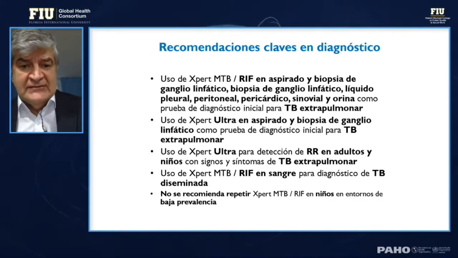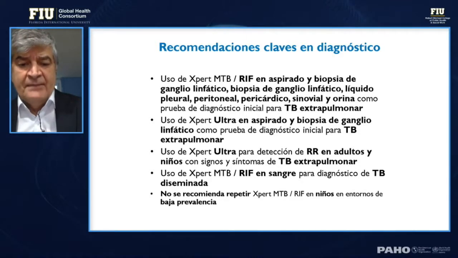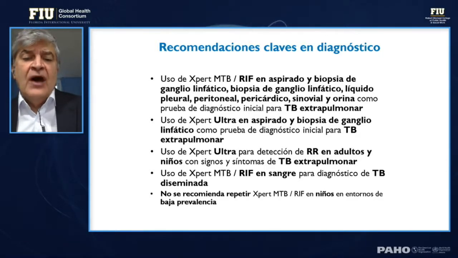So the extrapulmonary TB also should have the initial diagnosis made through the molecular test. As to the Xpert Ultra, it is also indicated for lymph node biopsy and aspirate. The Xpert Ultra in general can be used for the diagnosis as well as for the detection of rifampicin resistance in extrapulmonary TB.